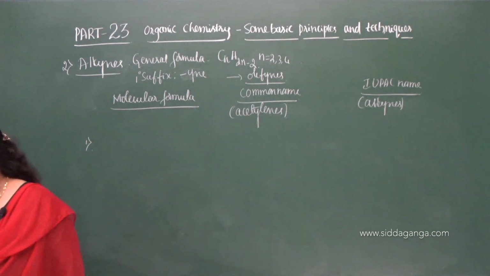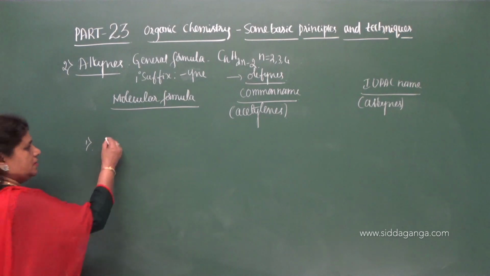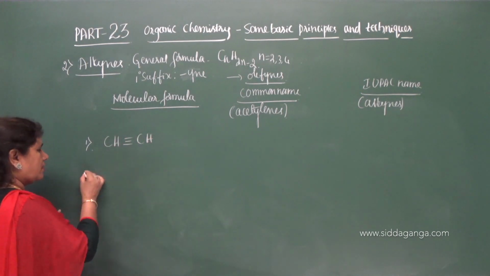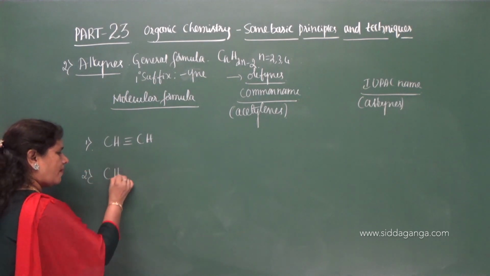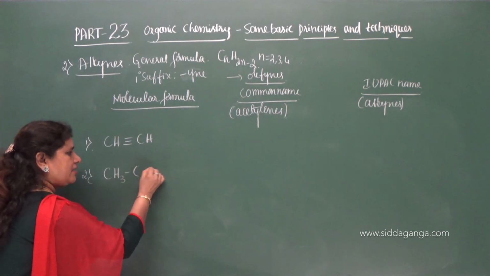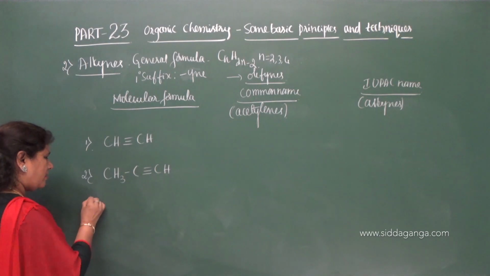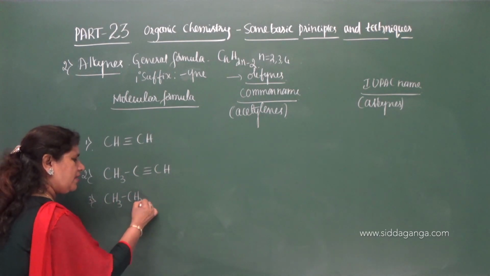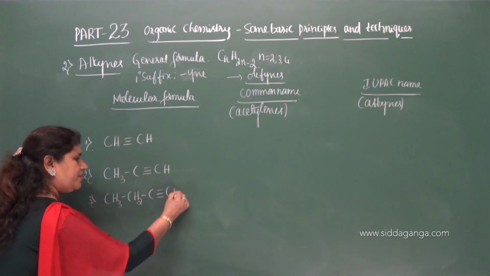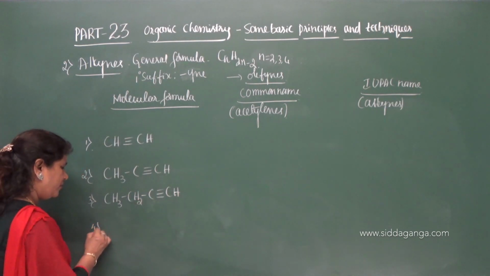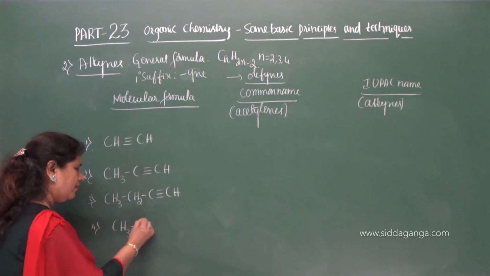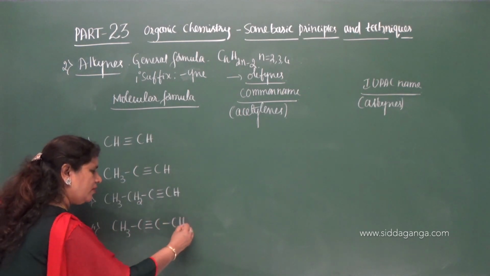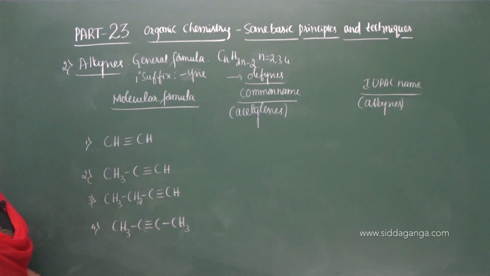So let me give the examples here. CH triple bond CH. Second one, CH3C triple bond CH. Third one, CH3CH2C triple bond CH. Fourth one, CH3C triple bond CCH3.